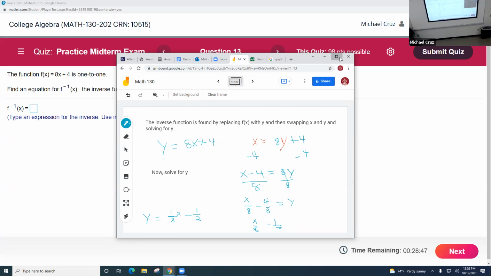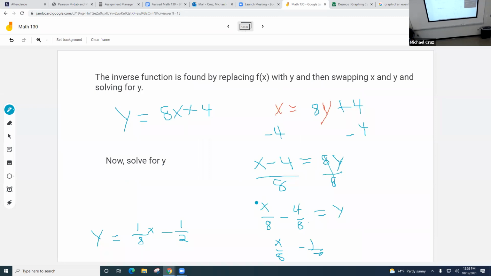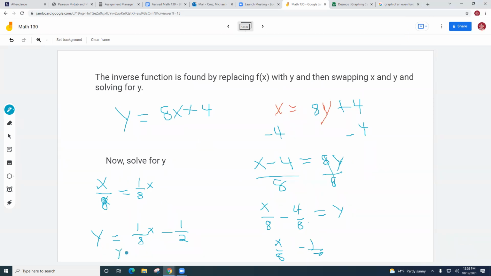Well, what I was trying to do here is show you that x over 8 is the same thing as 1 over 8x. Those two things mean the same thing. Sometimes you'll see them in different places. So whether they'll get mad about that, I don't know.